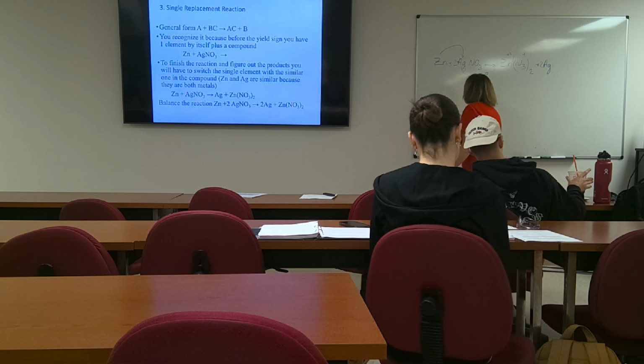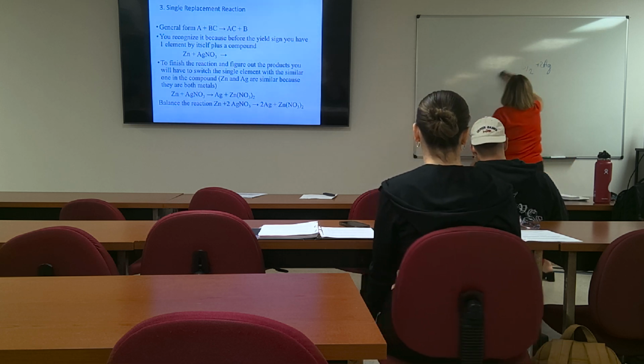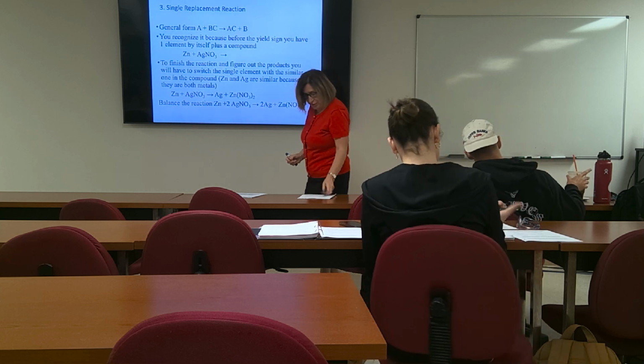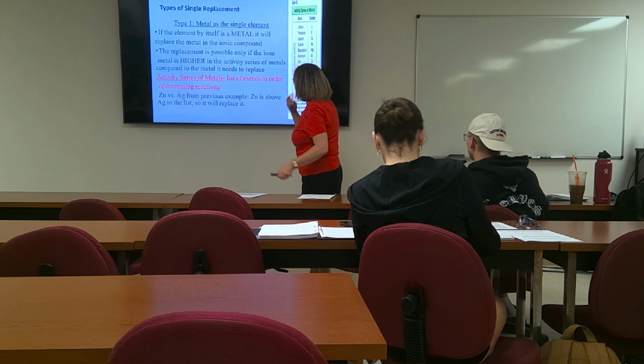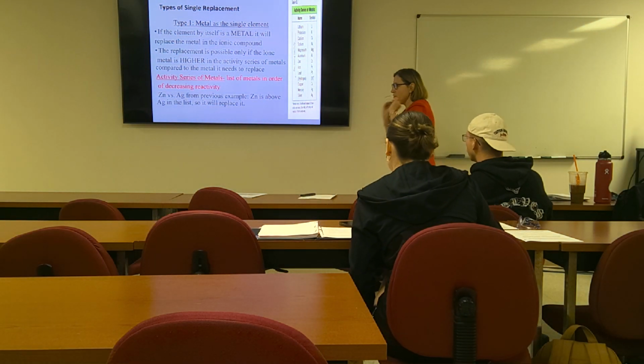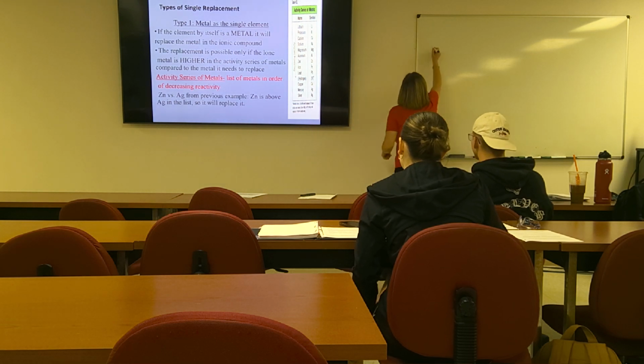Okay? So now, we have different types of single replacements. I'm going to break it down into two major types. Let me go to the next slide. So type 1, and I'm going to introduce this to you as if we were talking about people dancing. How about that? Okay?